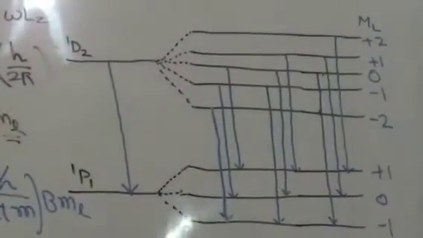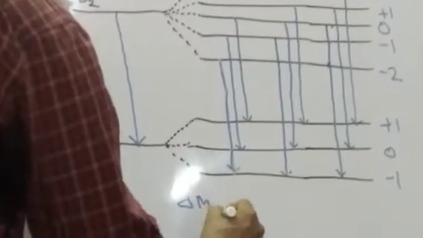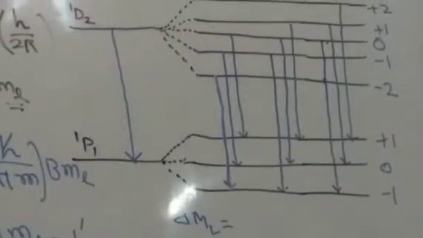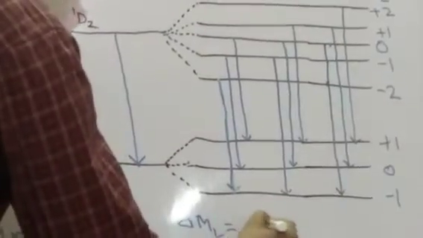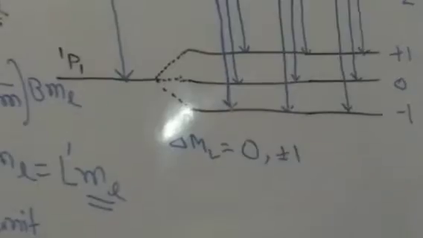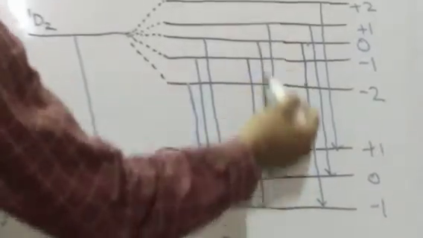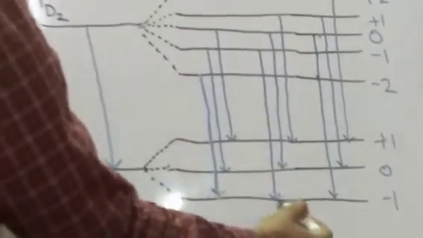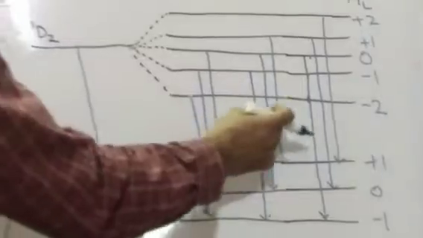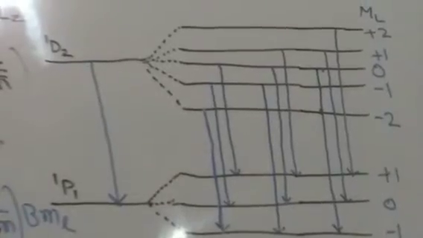Taking the selection rule for delta ml as 0 and plus minus 1, the transitions from plus 1 to plus 1, from 0 to 0, and from minus 1 to minus 1 all give the same intensity and appear as the same line on the spectroscopic plate.